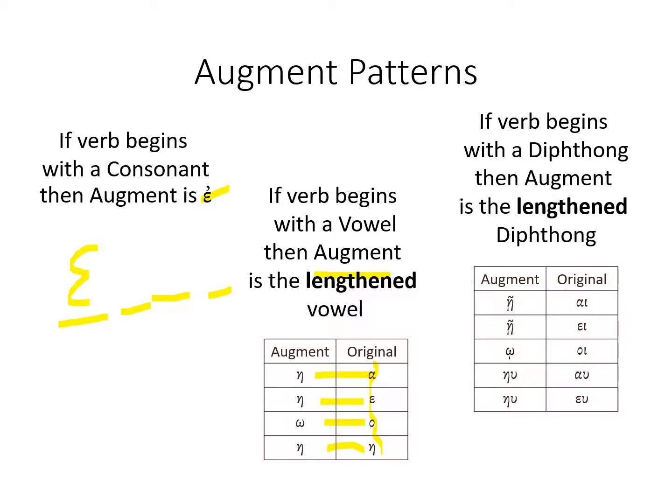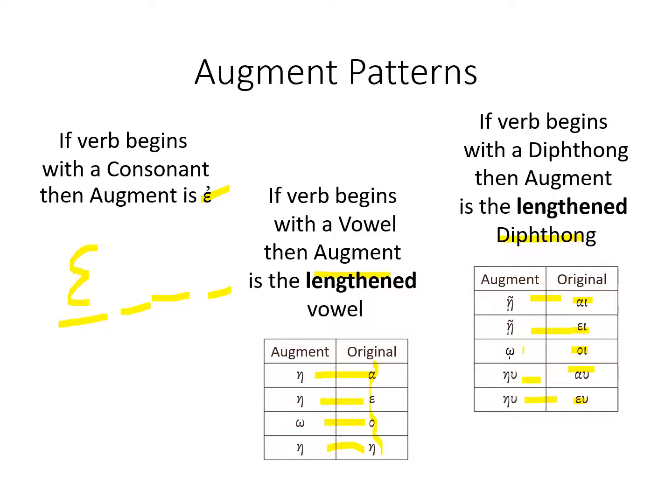If we have a diphthong, a combination of vowels, this alpha iota, the I sound goes to A, the epsilon iota goes to A, omicron iota, oi sound goes to omega, just the O, alpha upsilon, the au, goes to an eta upsilon, and the epsilon upsilon, the eu, goes to eta upsilon.